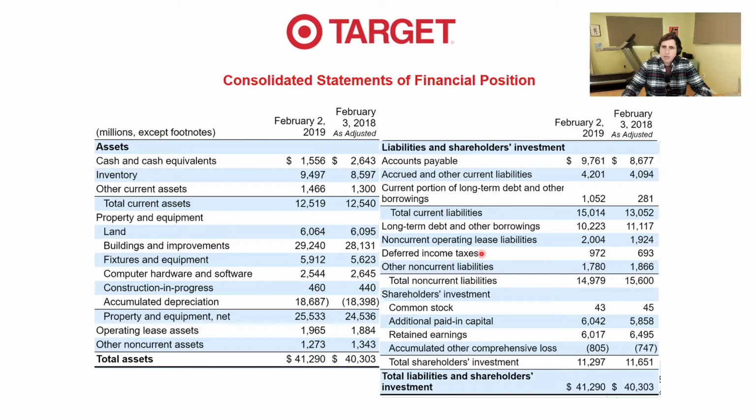In terms of the non-current section, long-term debt and other borrowings, that's where they keep their long-term capital lease, finance lease obligations. And here they have a separate line item for non-current operating lease liability. So that's their operating lease obligations. Okay, so there's where the leased assets and leased liabilities appear on the balance sheet.